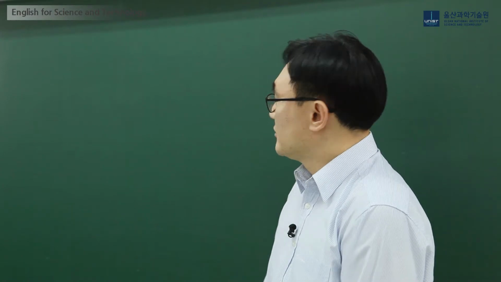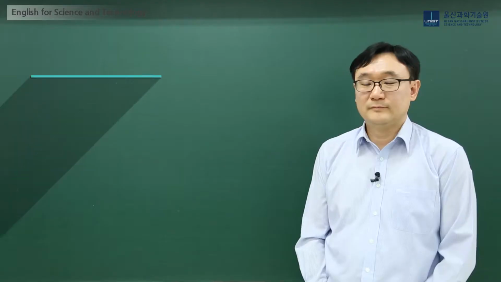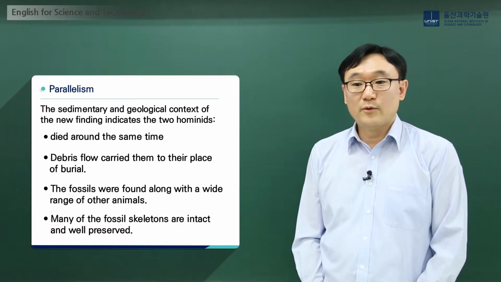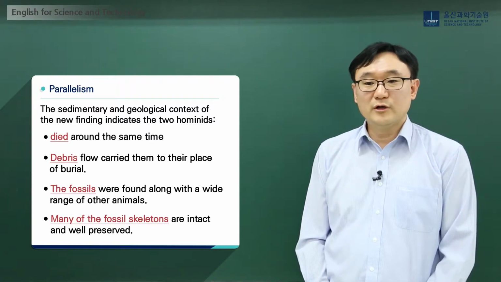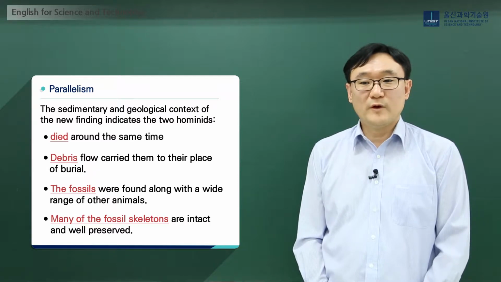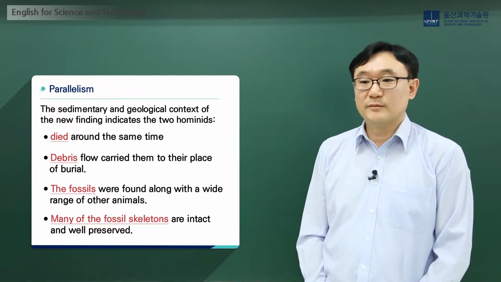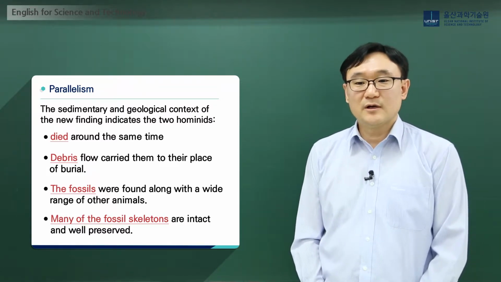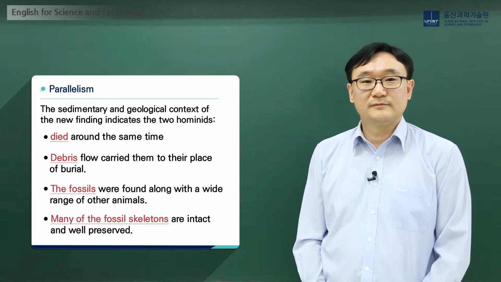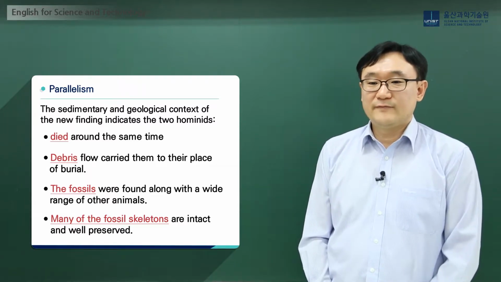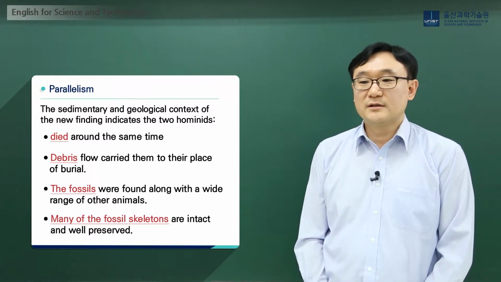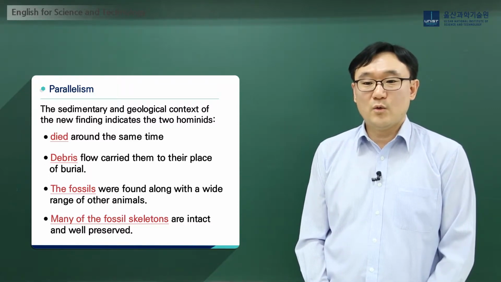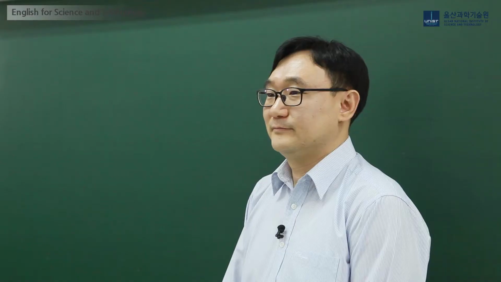Here's another example of parallelism. This is a bullet point style of writing in scientific writing. Bullet points are very useful when we list ideas, materials, or steps of an experiment. If you take a look at the bullets, the point starts with different part of speech or structures.